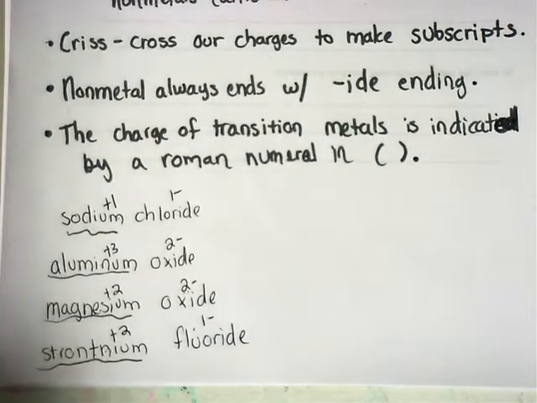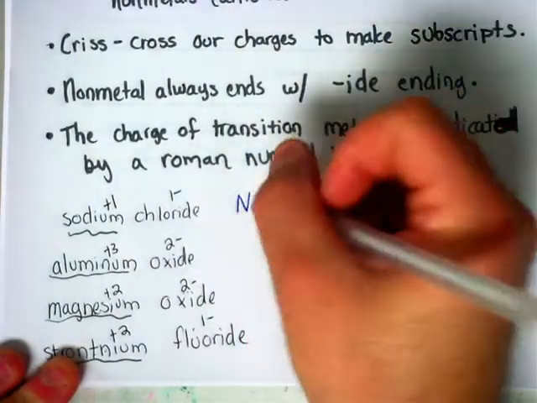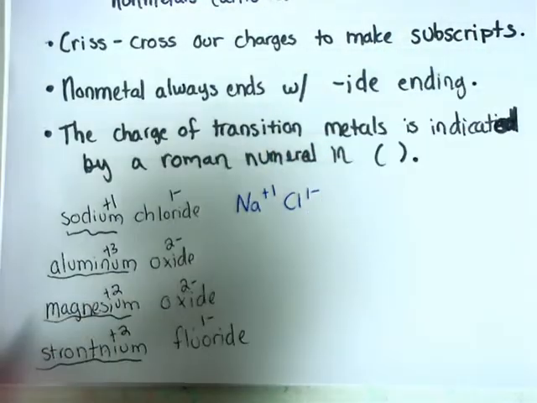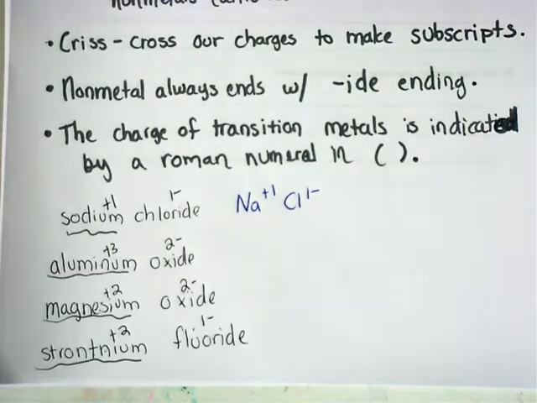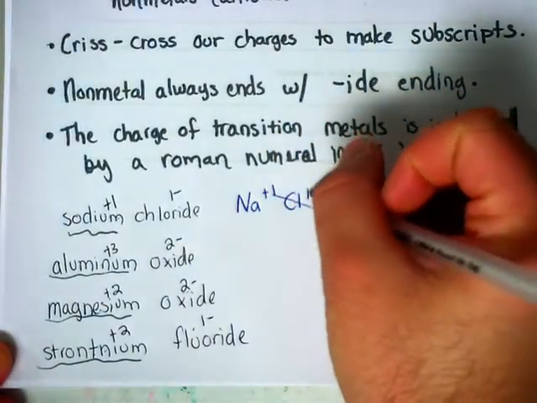Okay. So my next step with this stuff is going to be to write out these charges right next to my elements, and let me show you how I do that. I write Na, that's sodium, and I write 1+, and chloride Cl, which is 1-. And my next step is to crisscross those charges, bring them down so that the 1 is now here and the Cl is now here.